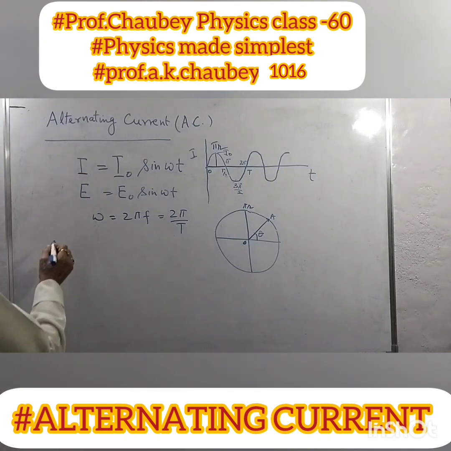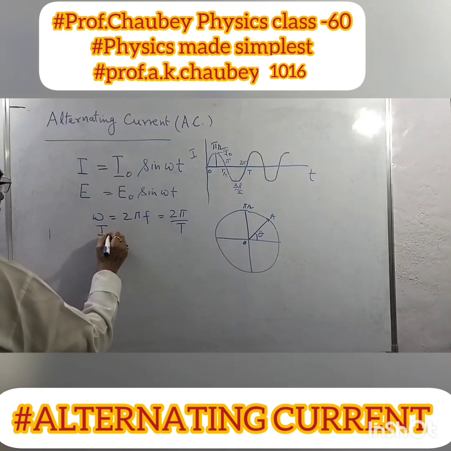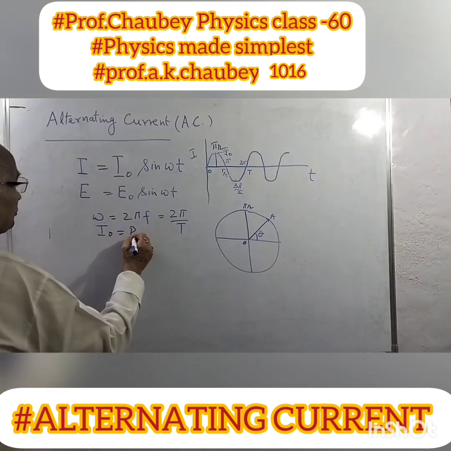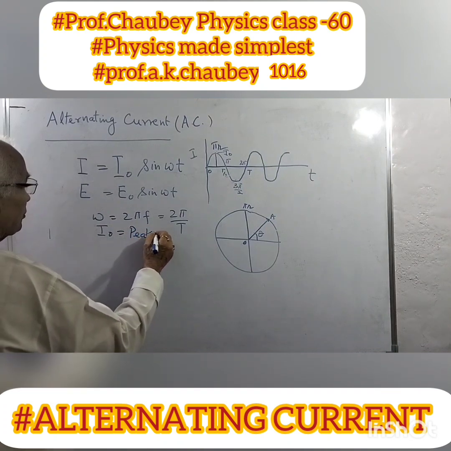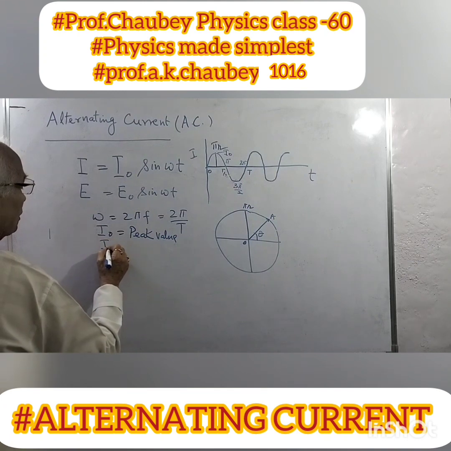Then we have the mean value. I naught is the peak value, I naught and E naught both.